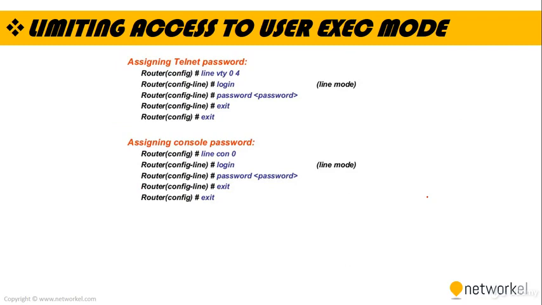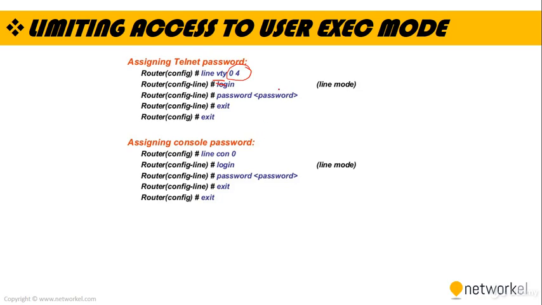Let's take a look at limiting access to user exec mode. VTY lines are logical connection points to a router or switch, and they are used by Telnet as well as SSH to remotely access your router. 0 to 4 means it supports 5 sessions at the same time.